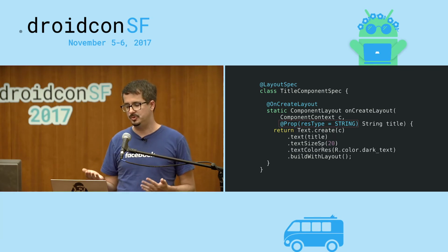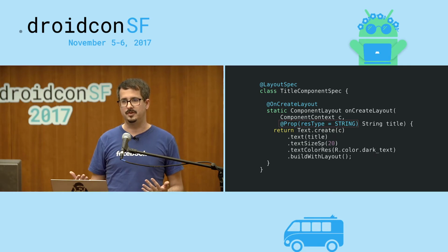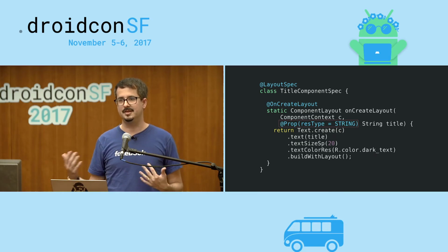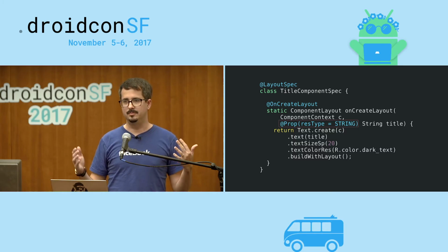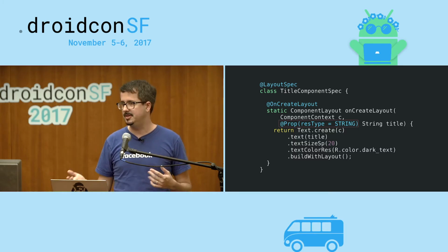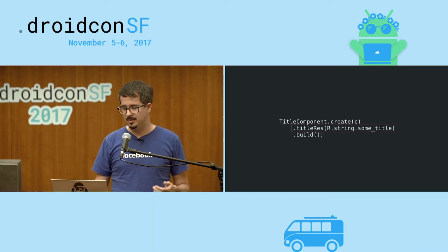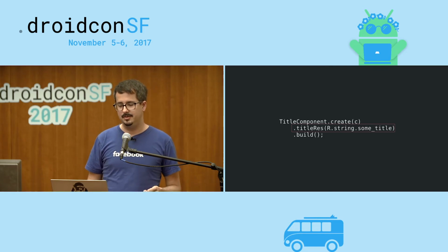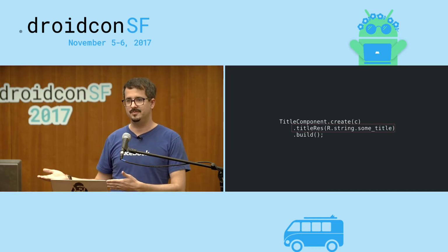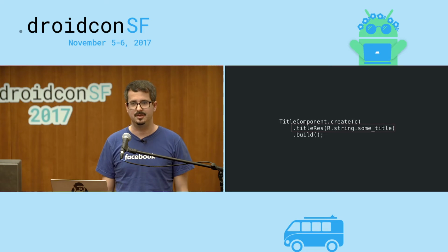What this triggers is that the framework generates a bunch of convenience methods for you, so that whenever you want to set a title, you can set it from a resource, or from a resource ID, or a certain SP dimension, and so on. For example, if you annotate the prop this way, you have titleRes, which is your way of setting title from a resource ID. And that's super convenient, and that's the kind of stuff that you would use in XML.